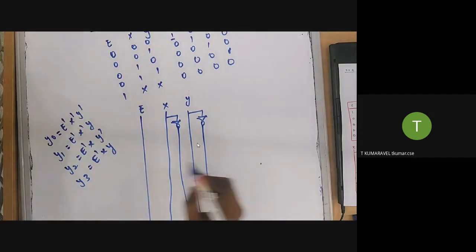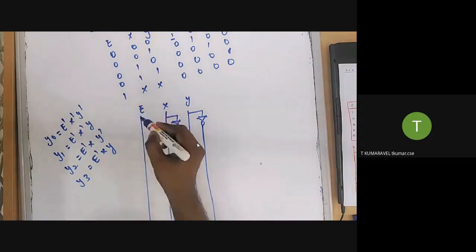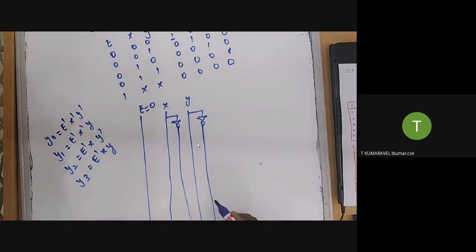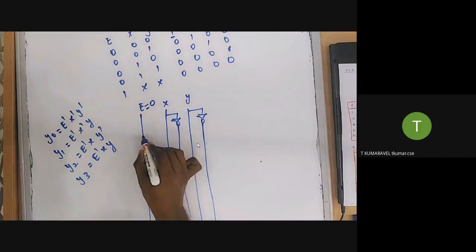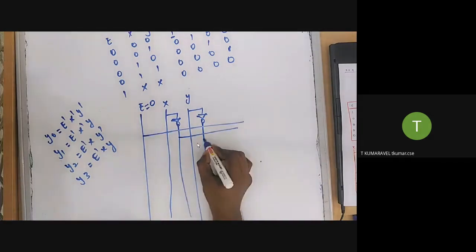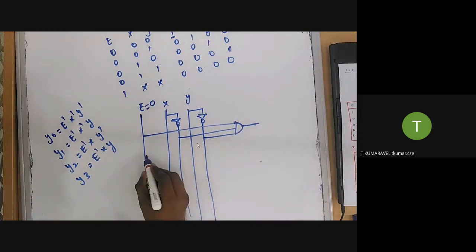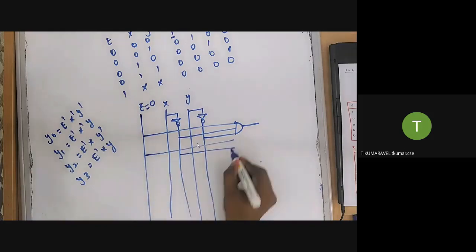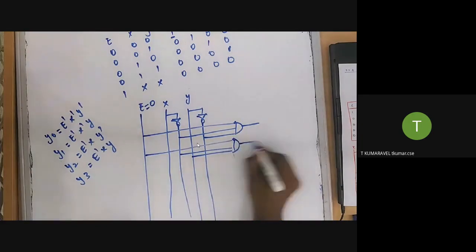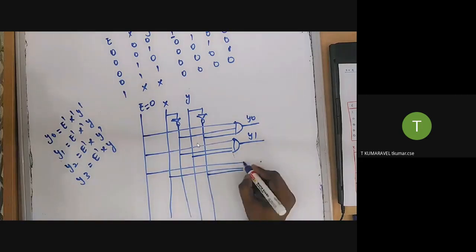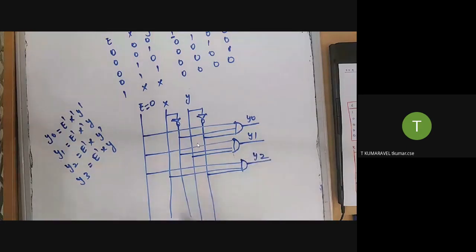So now you are going to implement it, with the E value equal to 0. E' X' Y' is Y0, and E' X' Y is Y1. The next case, E' X Y', is Y2.